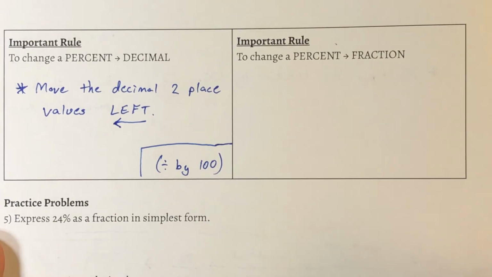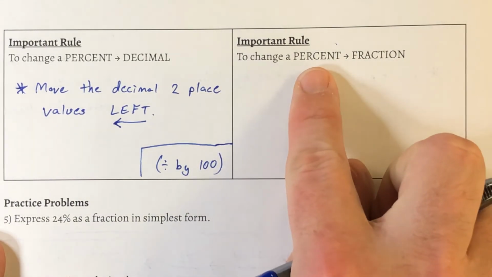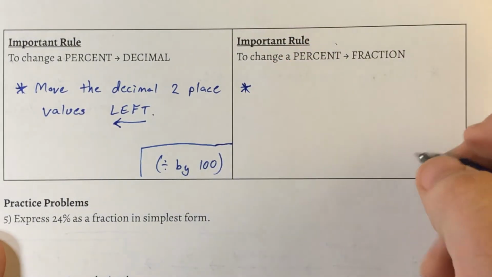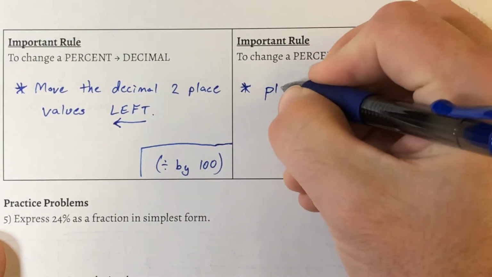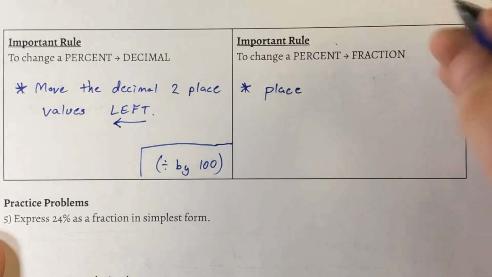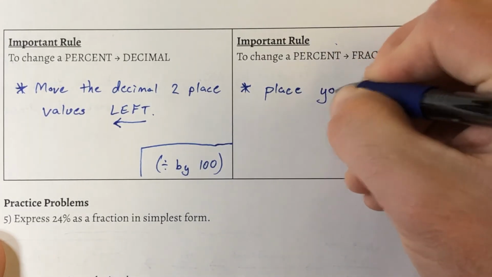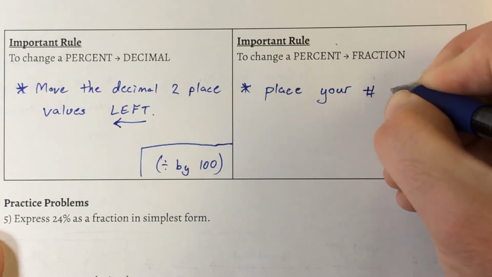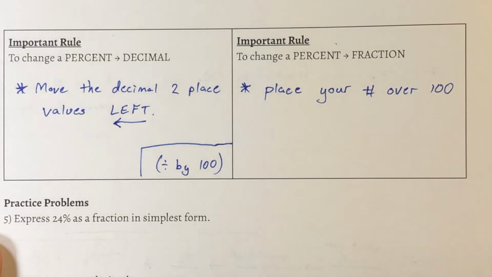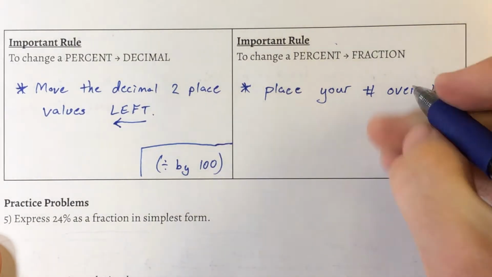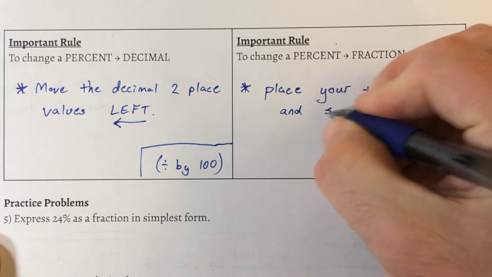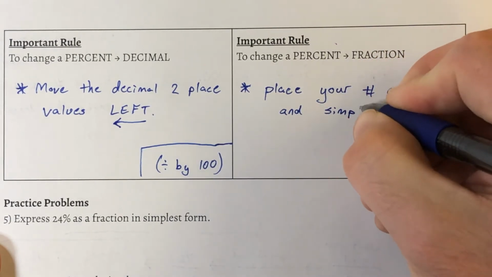All right, our second rule. How do you change a percentage to a fraction? Well, percentages are always based out of 100. So if you place your number over 100, voila, you have yourself a fraction. But don't forget, you must always simplify fractions.